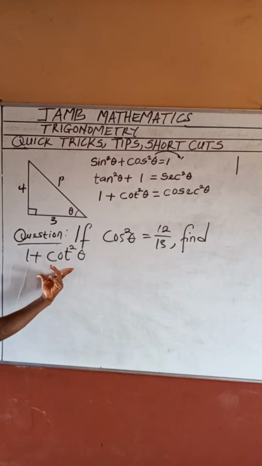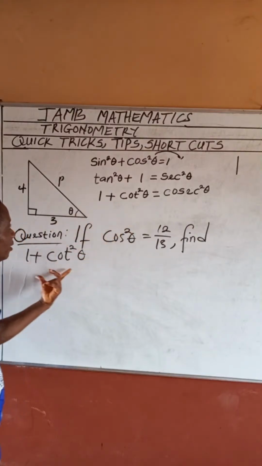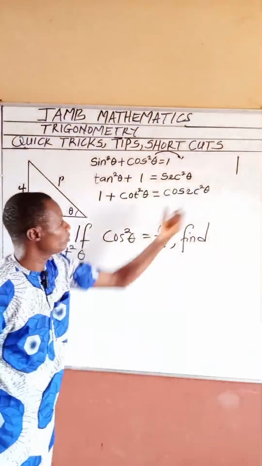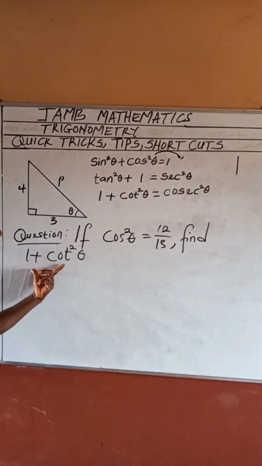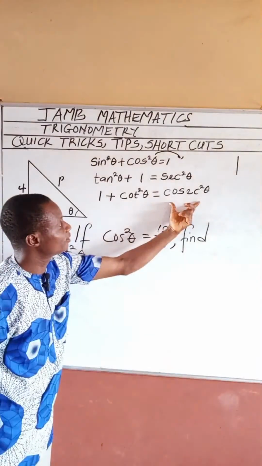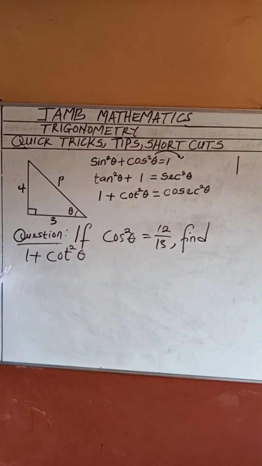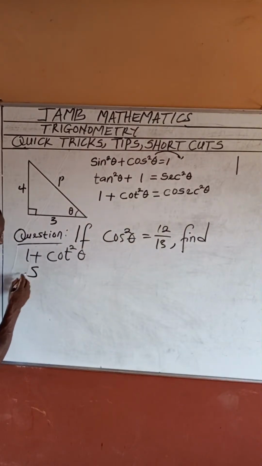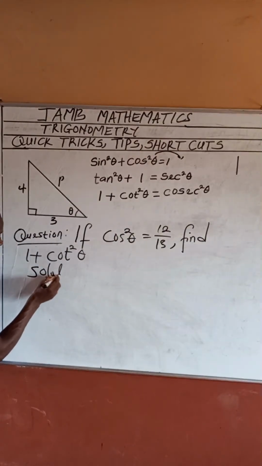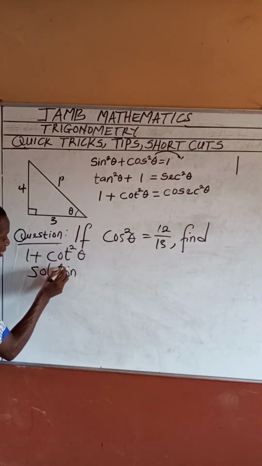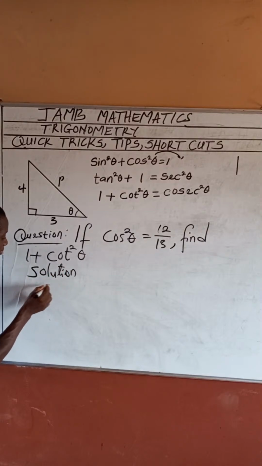Look at it here. So always shorten your work. This is the equivalent, which means we are going to transform this one to this. So just look at it. Don't be scared of the calculation. Look at the way I'm going to do it. Follow me through. I will show you what I'm going to do now.